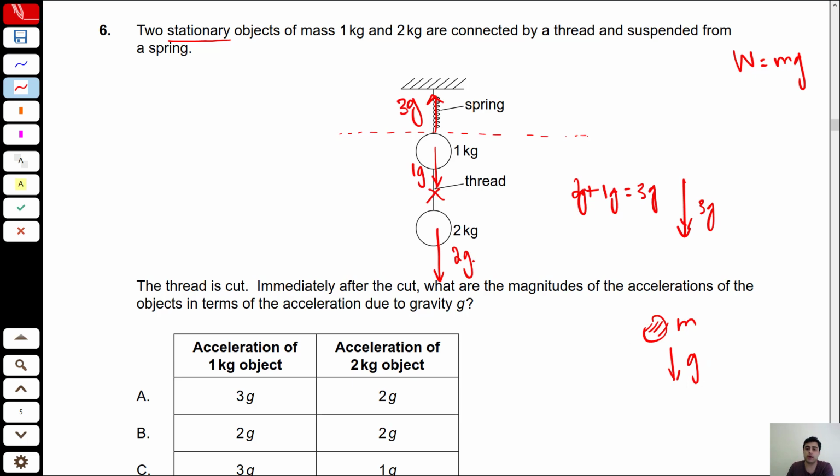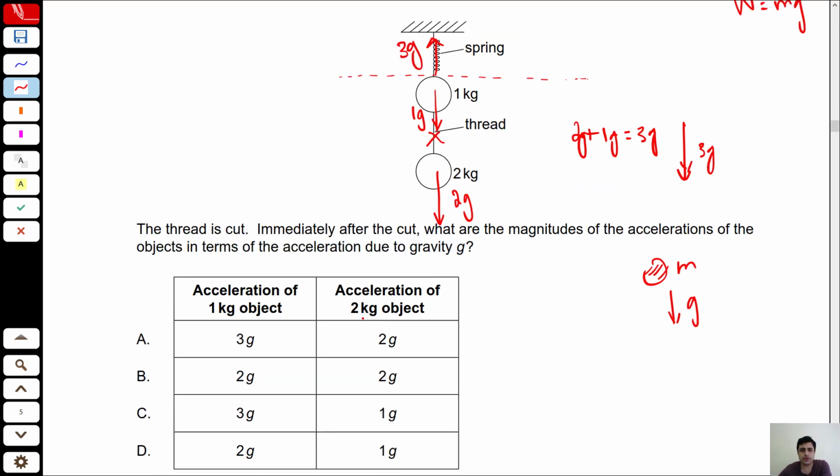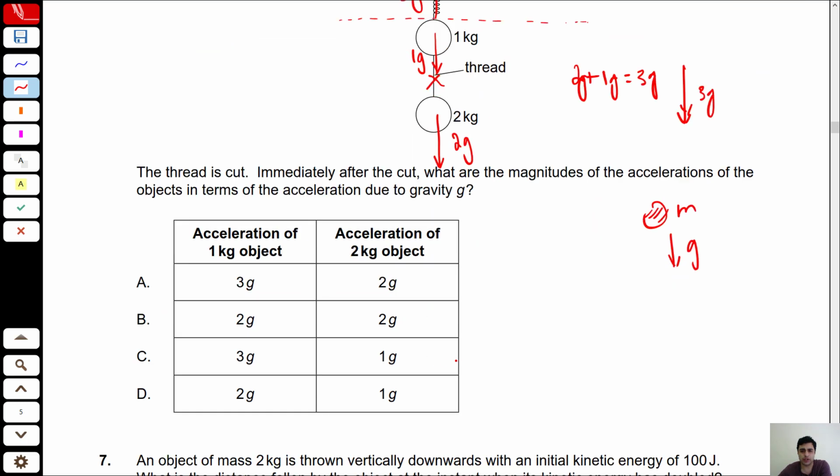It doesn't matter how big or small the mass is. So the acceleration of the 2 kg will be g. So it's either this or this. Ignore these two.